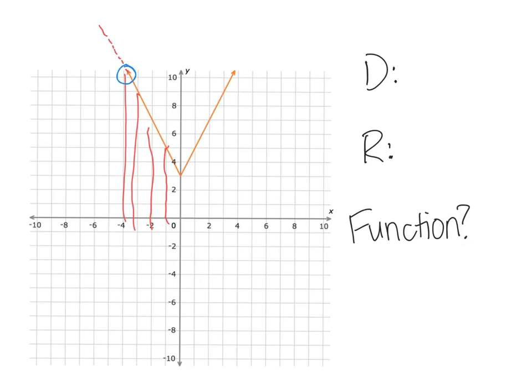So these higher up points are just going to keep matching with lower and lower numbers on the x-axis. So since it continues on forever and the x keeps getting smaller, we would say that the domain, the smallest, is negative infinity.